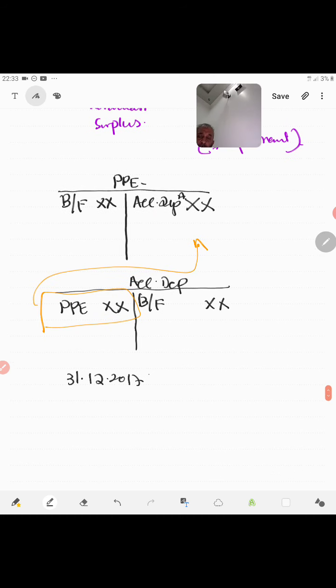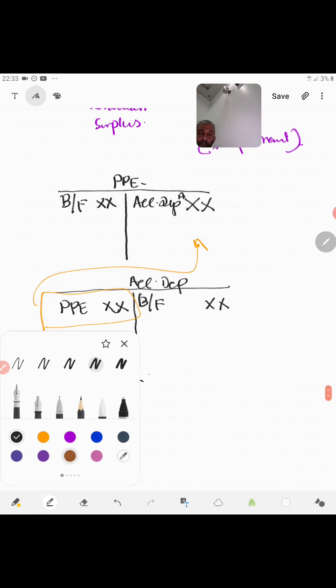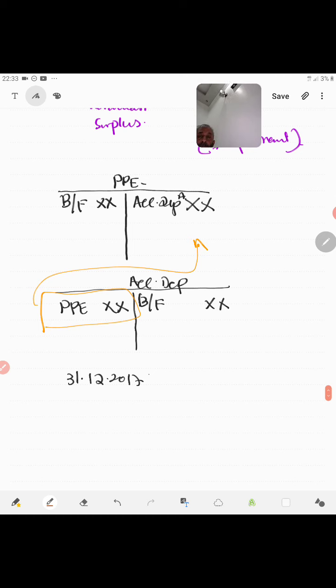After finishing this, we arrive at the closing value. The closing value, that is the value with which we are arriving at the revaluation, we bring it here, and we balance this account, and we may have a balancing figure.